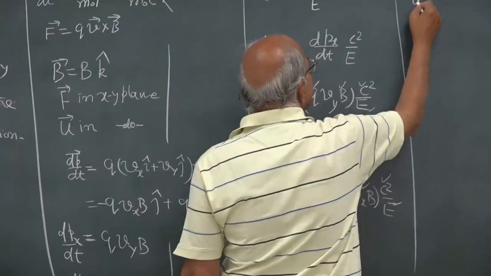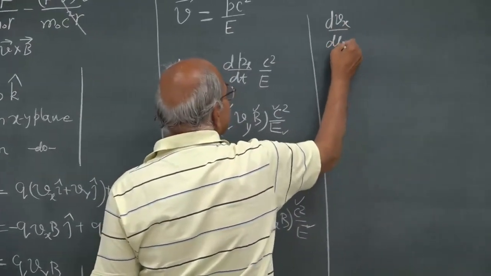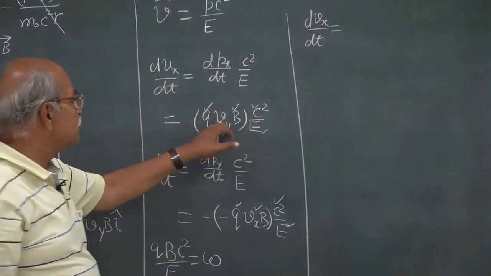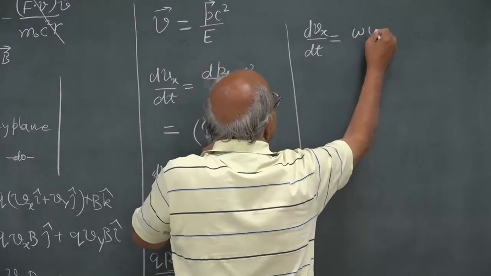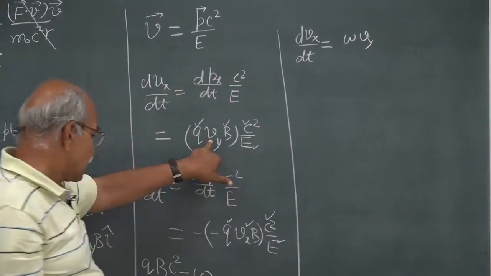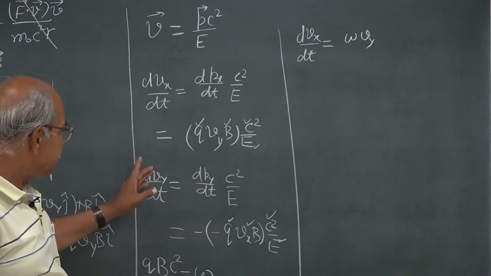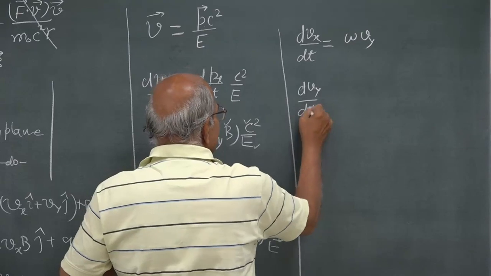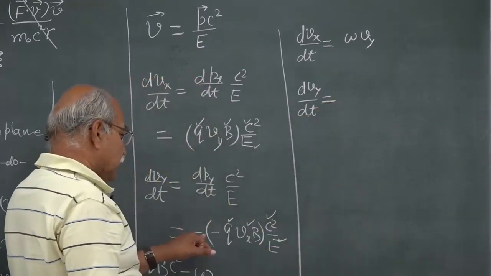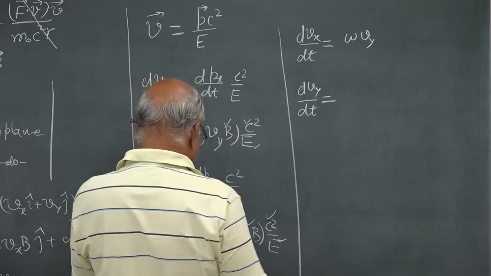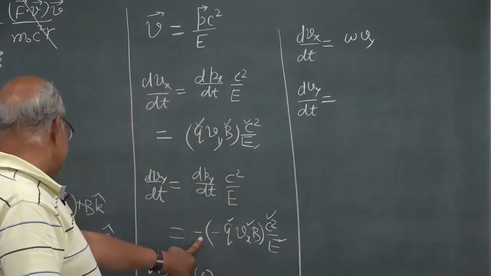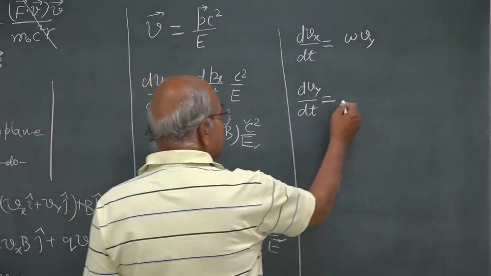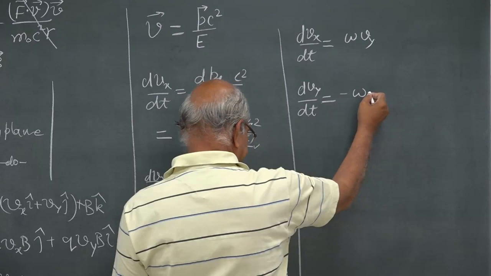Then I have dVx dt is equal to omega times Vy, and then dVy dt is minus omega times Vx. I put a double minus here, dPy dt is this, just one minus.